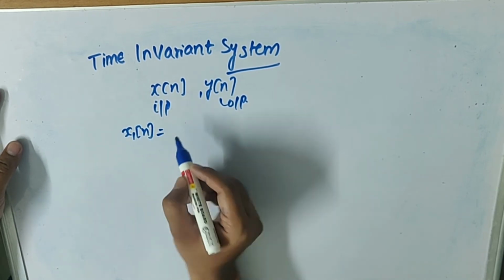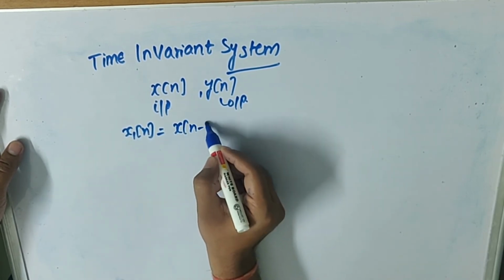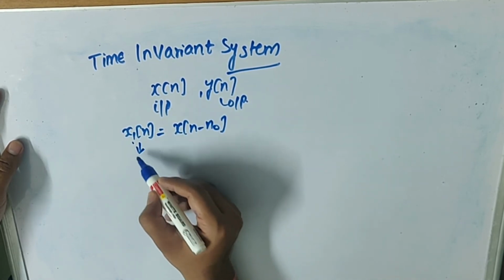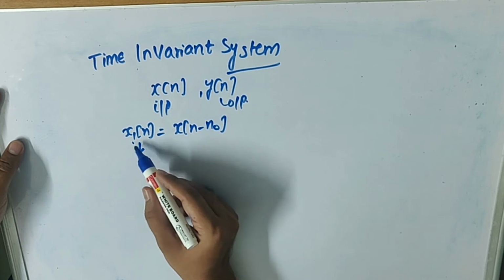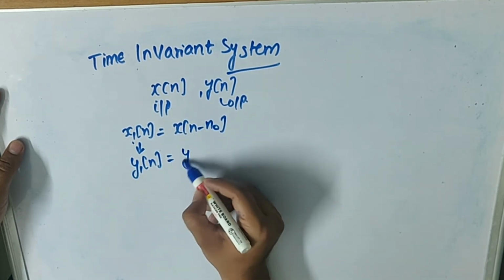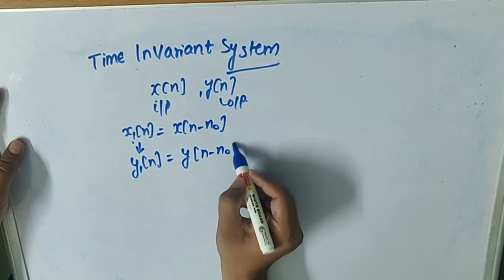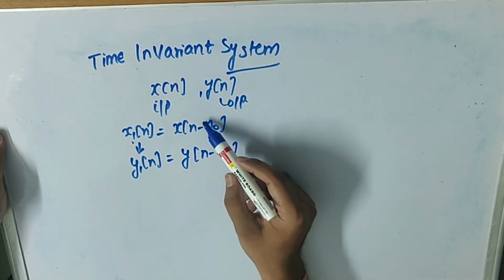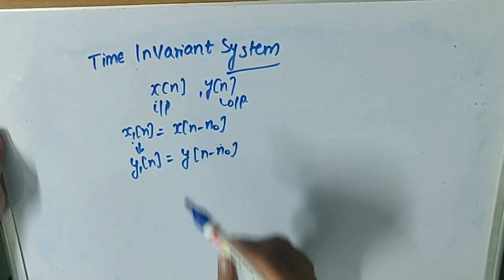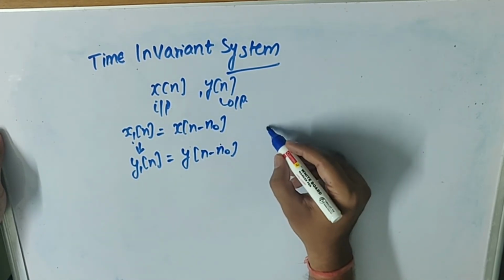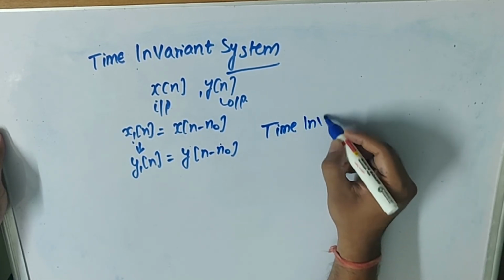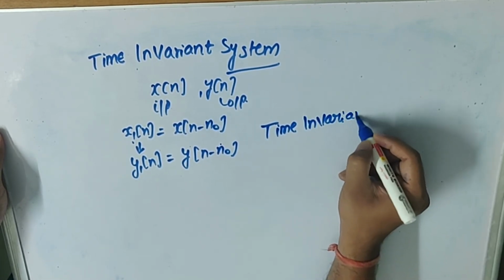Let's say x1[n] is equal to x[n minus n0]. If the corresponding output of this system, when the input is x1[n], follows the same shift, that is, whatever shift we give in the input is reproduced in the output, we can say that this system is time invariant.